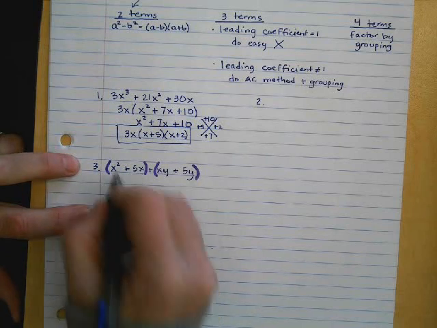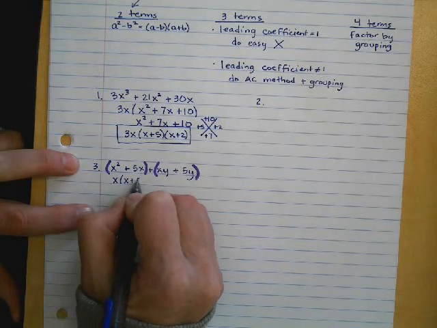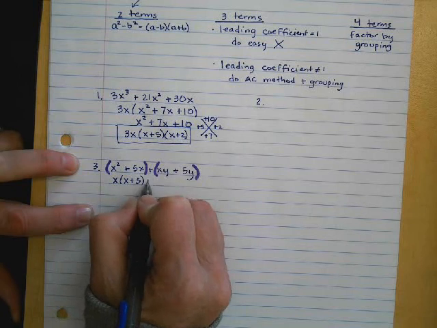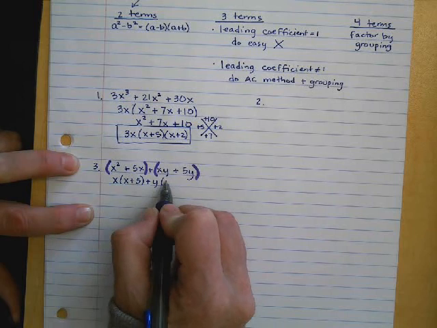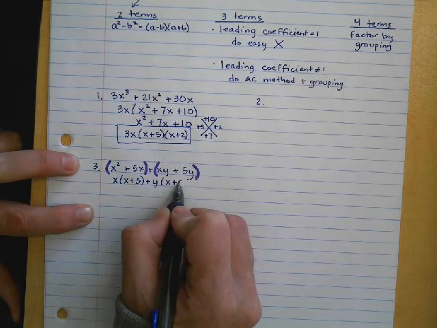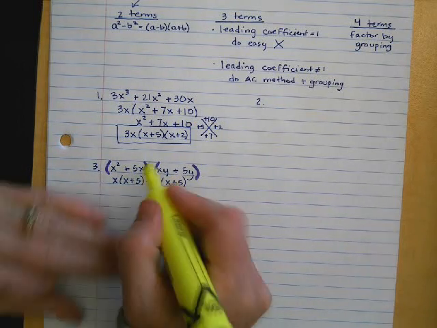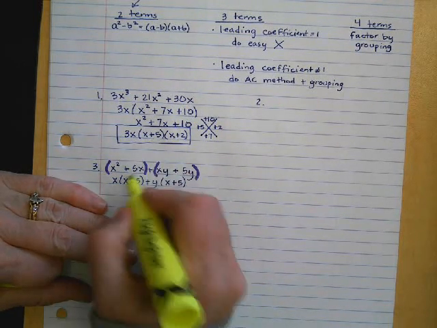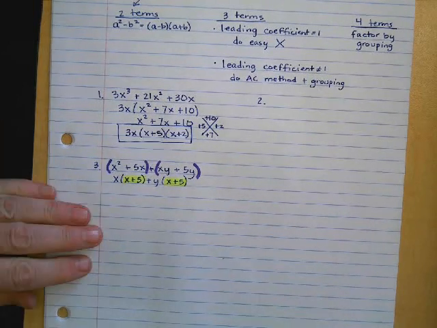Okay, greatest common factor in here is an x, so I'm left with x plus 5. Bring down my plus sign. Greatest common factor in here is a y, x plus 5. Okay, now I'm still seeing a lot of people not really sure about what they're doing right here. There are only two terms, and they have a common factor.